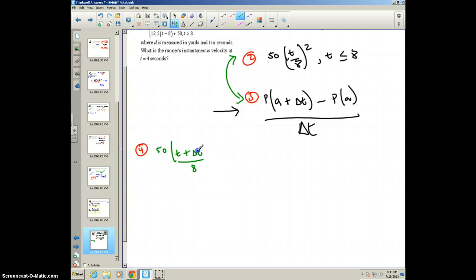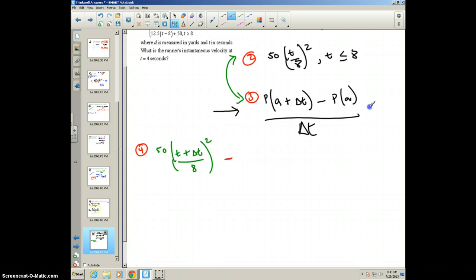And now what are we going to do? We're going to square it. Alright, minus. Now we're going to take the minus portion and plug in our value again.